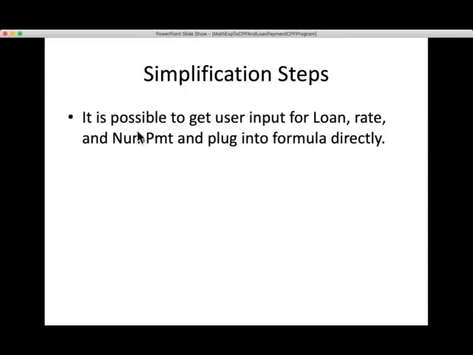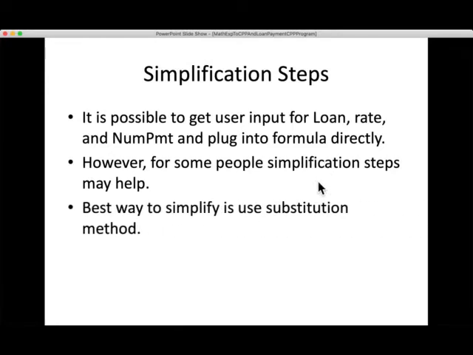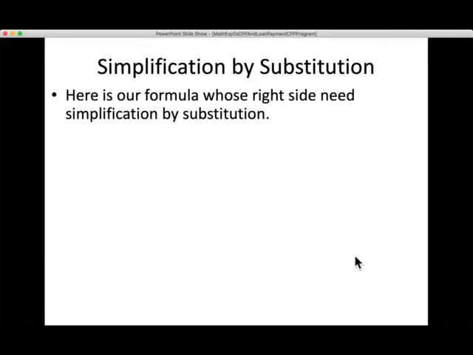It is possible to use the formula in the form we saw on the last page, but for some people simplification steps may help. The best way to simplify is to use the substitution method that you have used to compute bigger math expressions in your math courses to make them simpler. And we show that now. Substitution method. Okay, so here's our formula again.